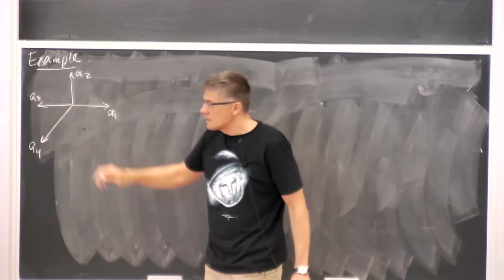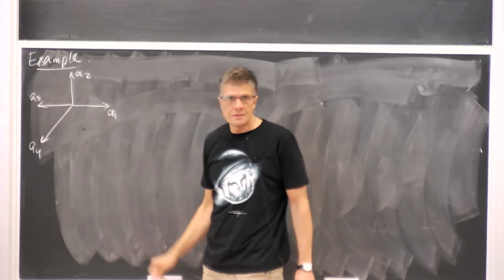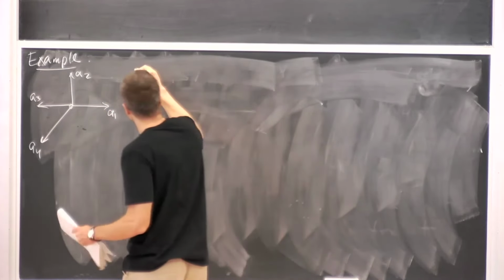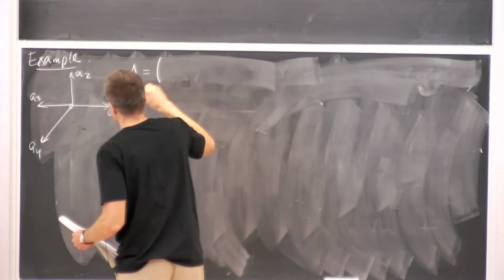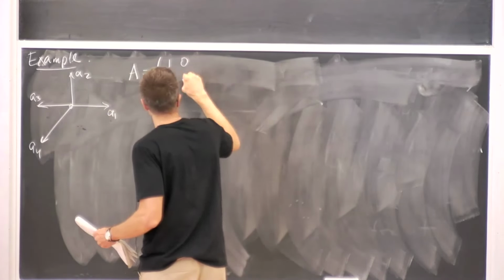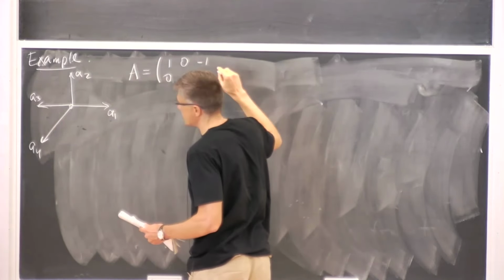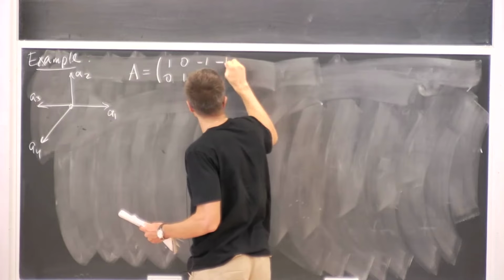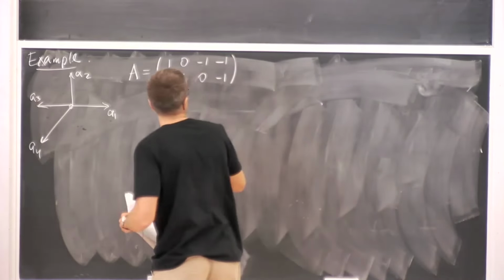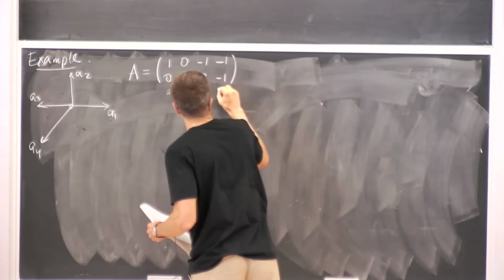We have 4 vectors and 4 two-dimensional cones, 4 one-dimensional cones, and 1 zero-dimensional cone. The A configuration I write as a matrix with columns: that's (1, 0) for A1, (0, 1) for A2, then (-1, 0) for A3, and finally (-1, -1) for A4. So that's A1, A2, A3, and A4.